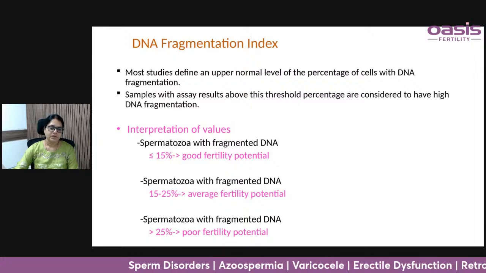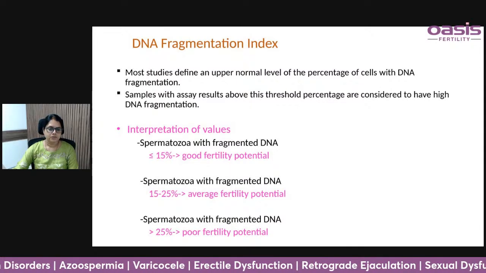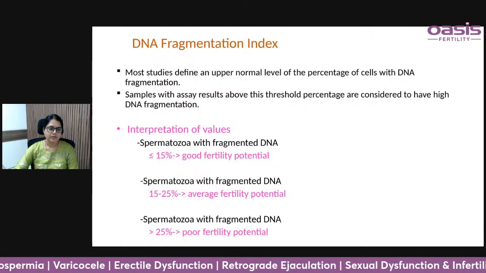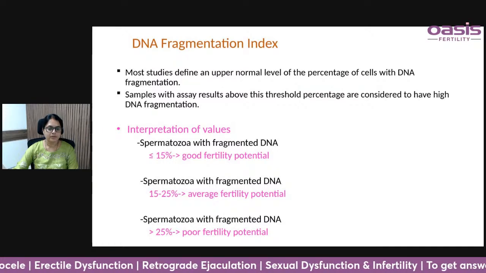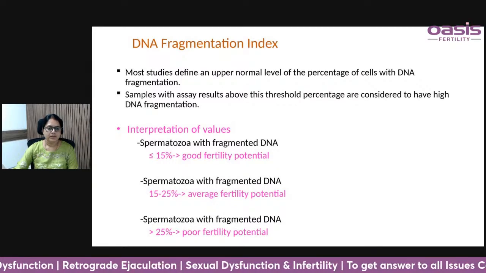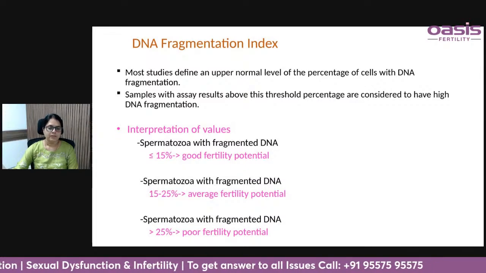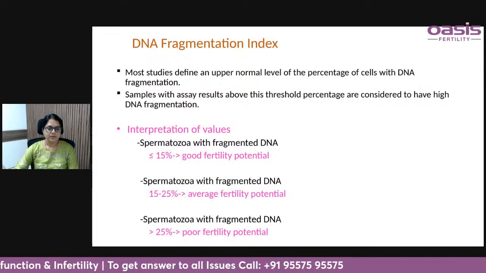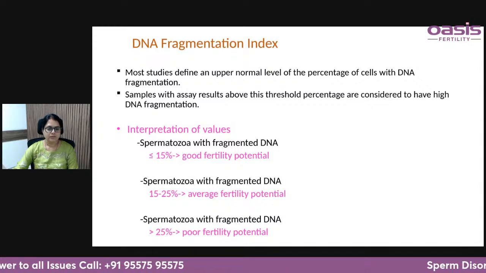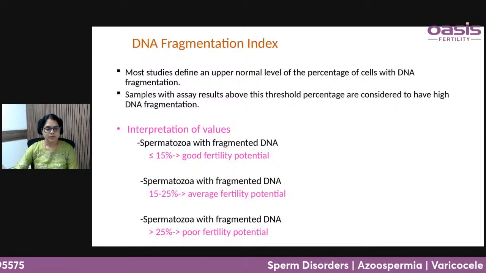So, to interpret the values, when the percentage of DNA fragmentation is less than 15%, it indicates that the person has good fertility potential. Between 15 to 25% is average fertility potential, and spermatozoa with fragmented DNA more than 25% have poor fertility potential.